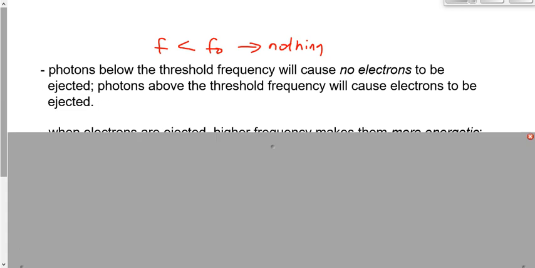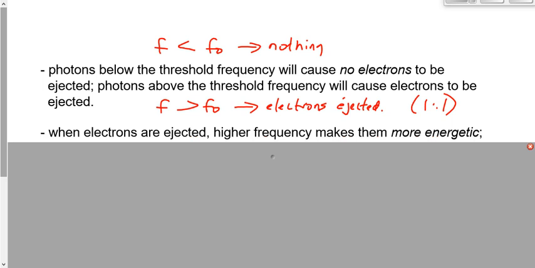Photons that are above the threshold frequency, electrons will be ejected, in a 1-to-1 ratio. So in other words, if you have one photon that's above the threshold frequency, one electron will be ejected. If you have 37 photons above the threshold frequency, 37 electrons will be ejected. You have one below the threshold frequency, nothing happens. You have 37 below the threshold frequency, nothing happens.